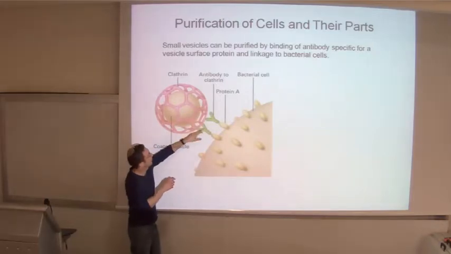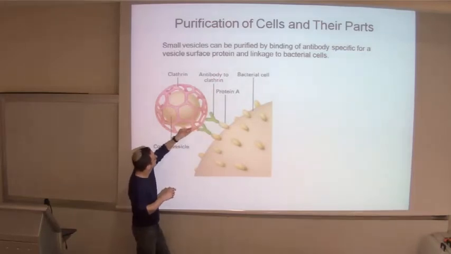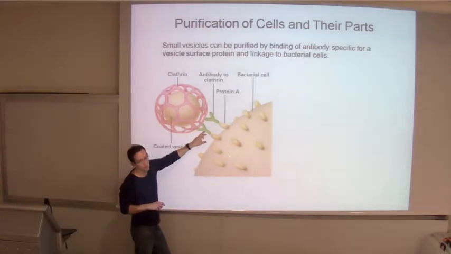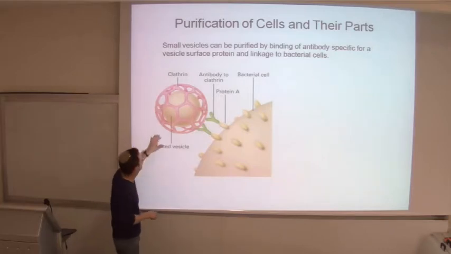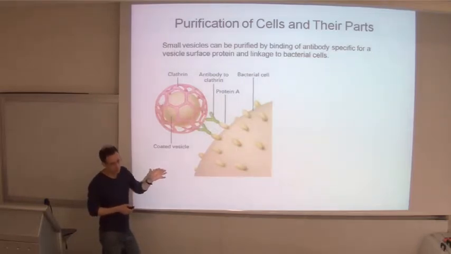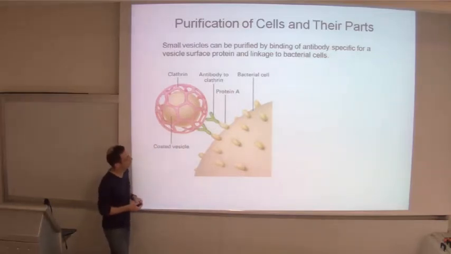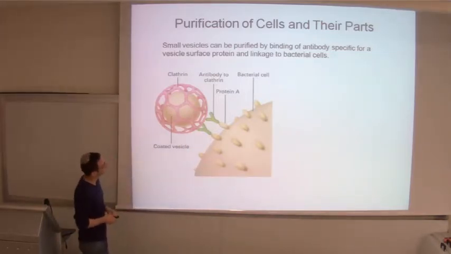If you have an antibody, remember these are proteins that recognize other proteins, an antibody that recognizes clathrin and is covalently linked to the bacterial cell right here, and then you just flow a mixture of different organelles into this environment, only the clathrin-coated vesicles would link via the antibody to the bacterial cell. You can then, after several washes, be left with only these clathrin-coated vesicles, and you can centrifuge them very easily because they are linked to a very heavy anchor.